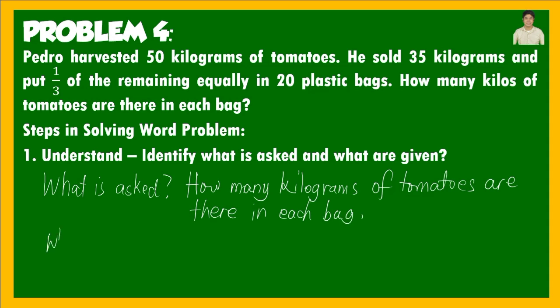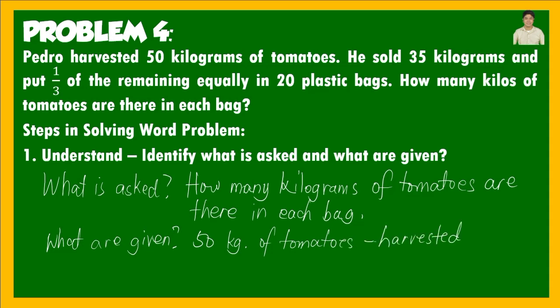So, what are given? So, 50 kilograms of tomatoes. Ito yung harvested. Inani. And then, 35 kilograms of tomatoes. Ito naman yung binenta, sold.